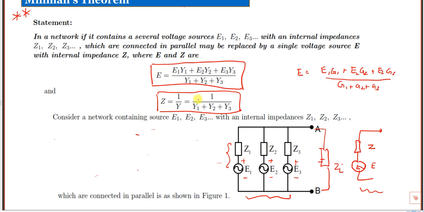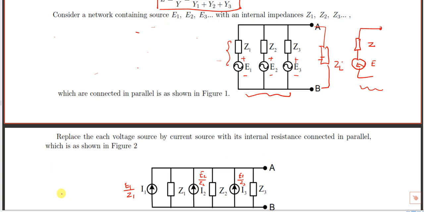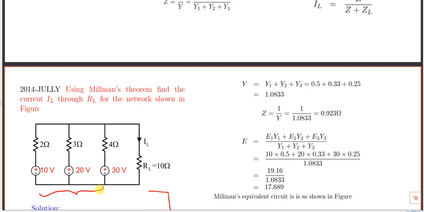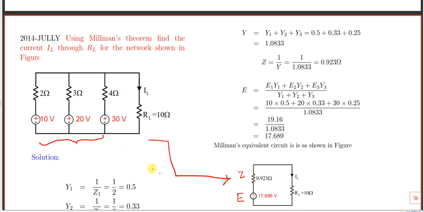They can be replaced by a single voltage source E and a single resistance, where the value of E is, I will write one more formula, the single voltage source value is E equal to E1 by R1 plus E2 by R2 plus E3 by R3, whole thing divided by 1 over R1 plus 1 over R2 plus 1 over R3.